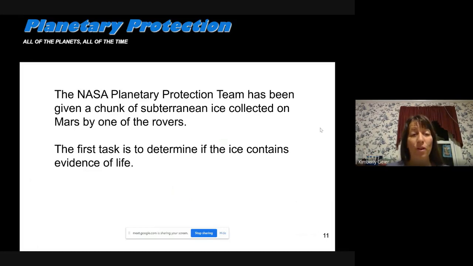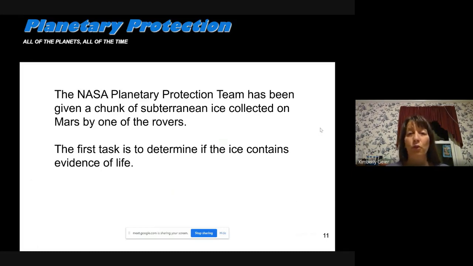That is true. They can even collect some little samples of things, but it's only very small samples. So we probably aren't going to get a chunk. It might be a sliver. But are these chunks or slivers or any samples coming back to Earth?